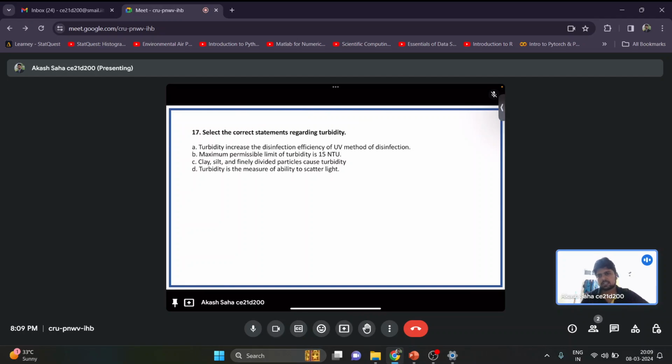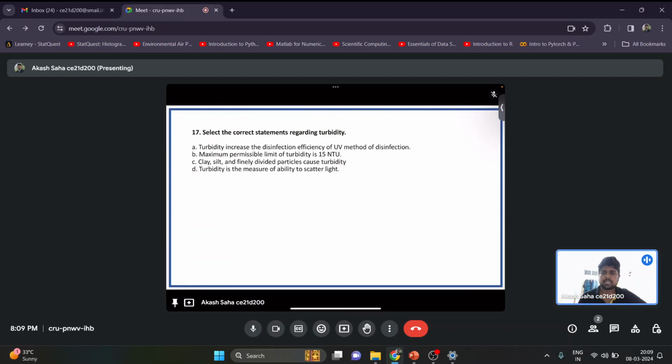If we see the answer, the statement that turbidity increases the disinfection efficiency is false, because due to turbidity, the disinfection efficiency will be decreased. Then the maximum permissible limit for turbidity is 50 NTU. Again, it is false. It is 1 NTU, or maximum relaxation up to 5 NTU in case there are no alternate sources.